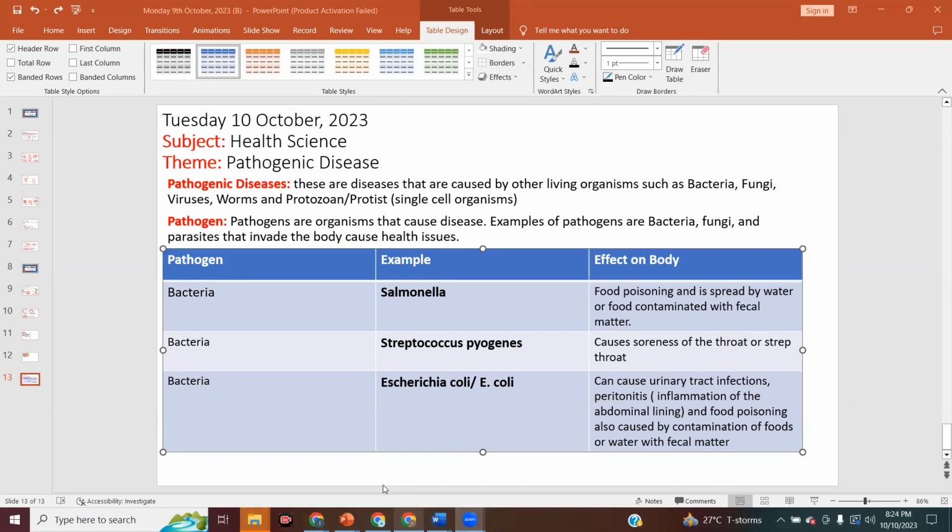Sir. What are pathogens? Organisms that cause diseases. Very good. Latalia, where's Latalia? Yes, sir. Give me an example of a pathogen.